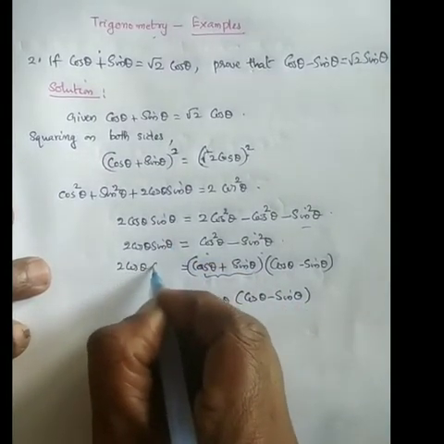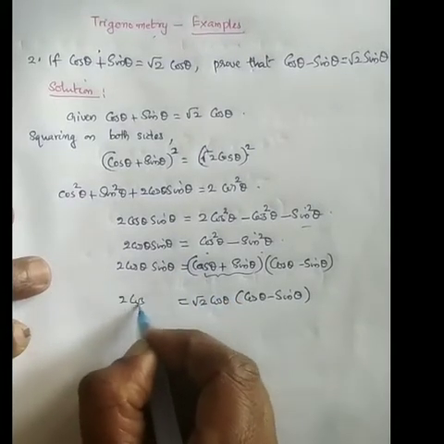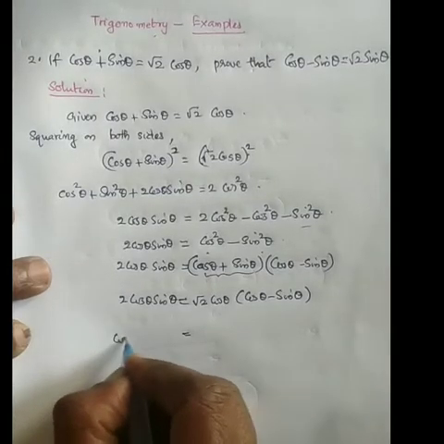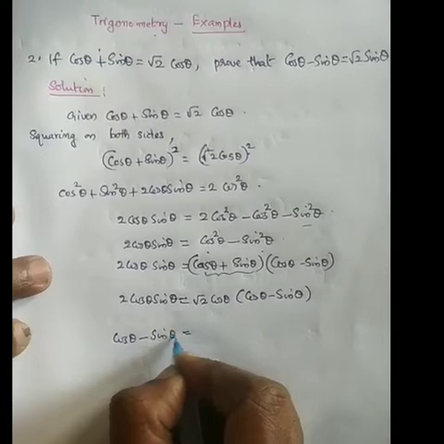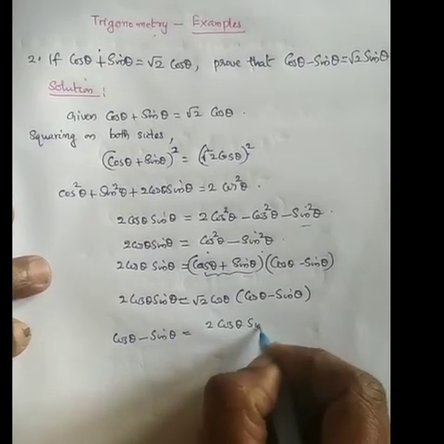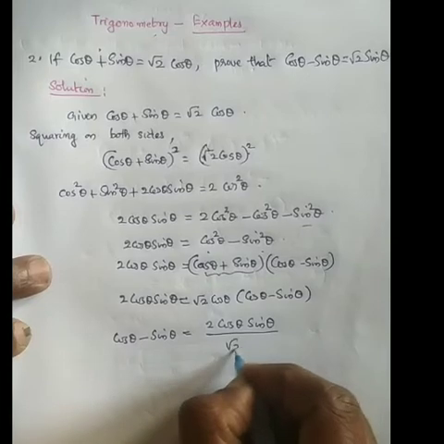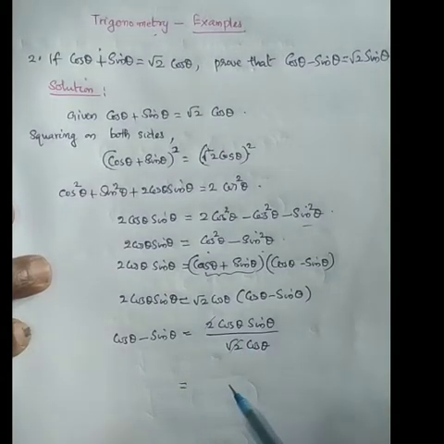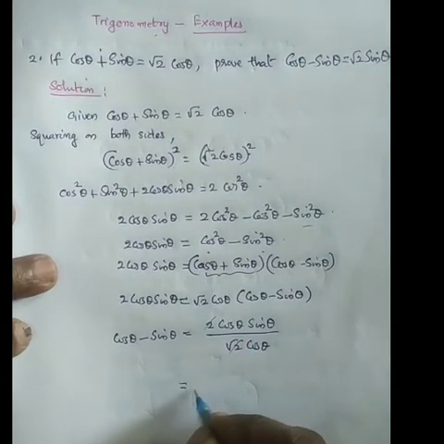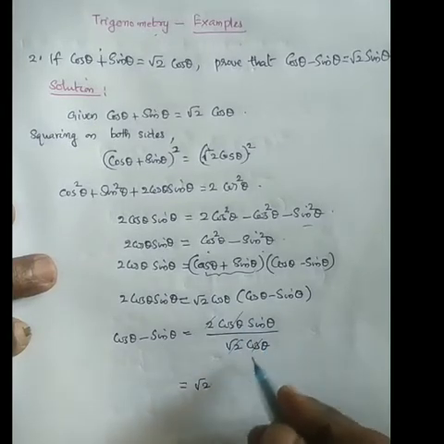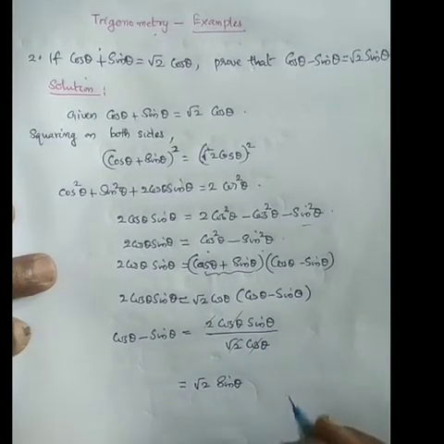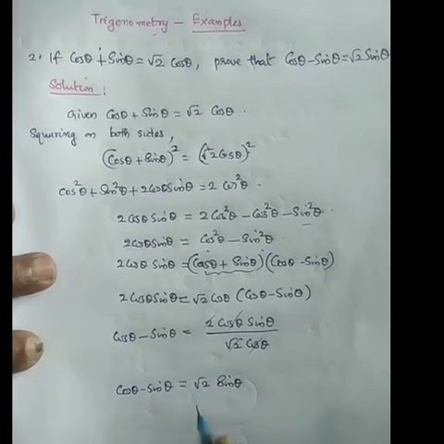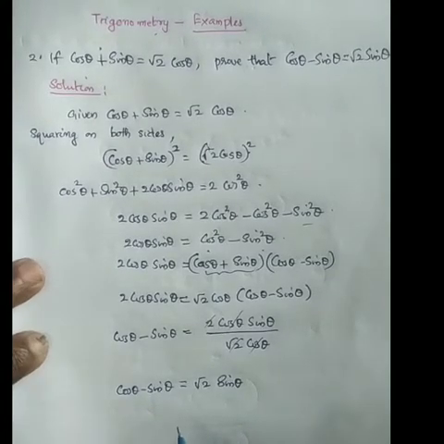Then cos theta minus sin theta equal to 2 cos theta sin theta divided by root 2 cos theta. Then 2 and root 2 cancel and the remaining is root 2. Cos theta gets cancelled and sin theta. That is cos theta minus sin theta equal to root 2 sin theta. Hence the result is true.